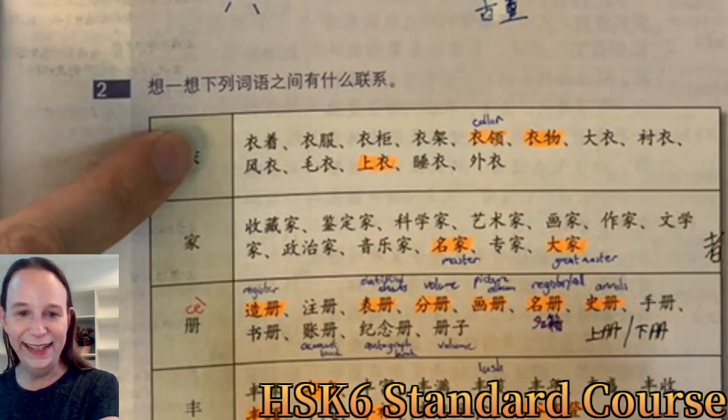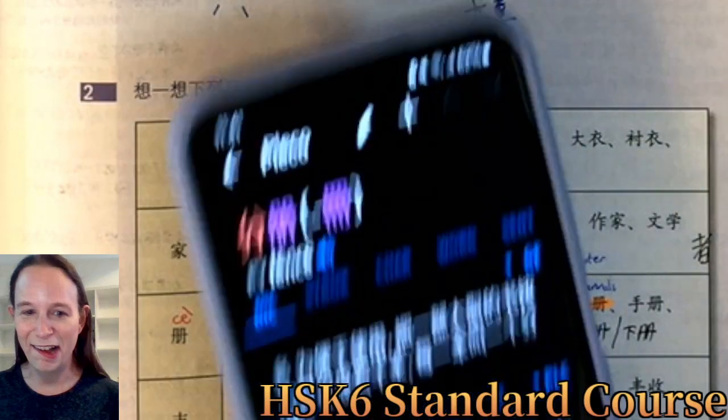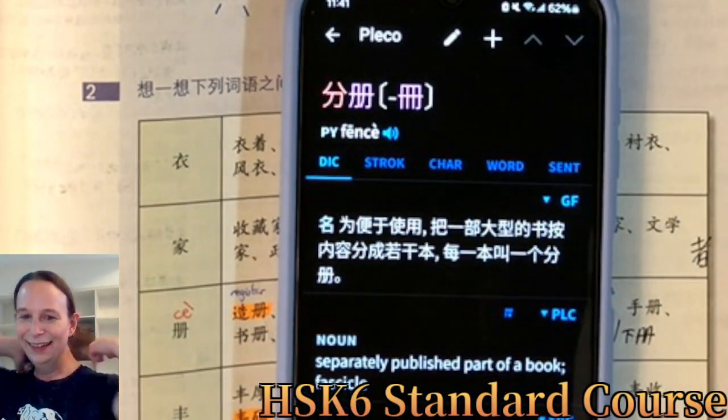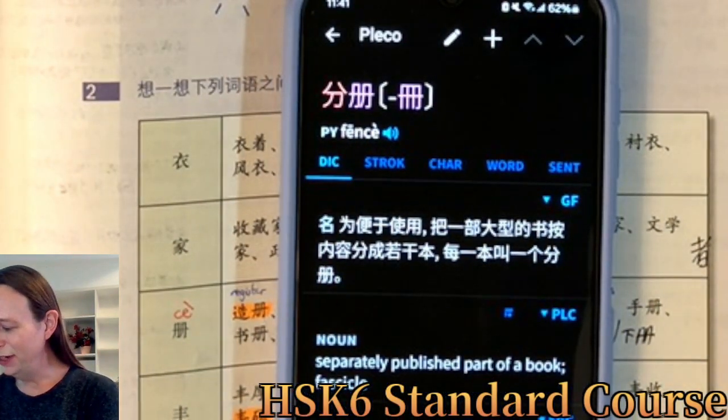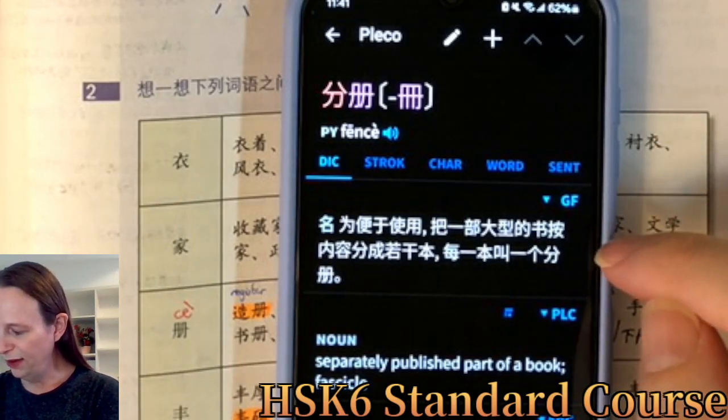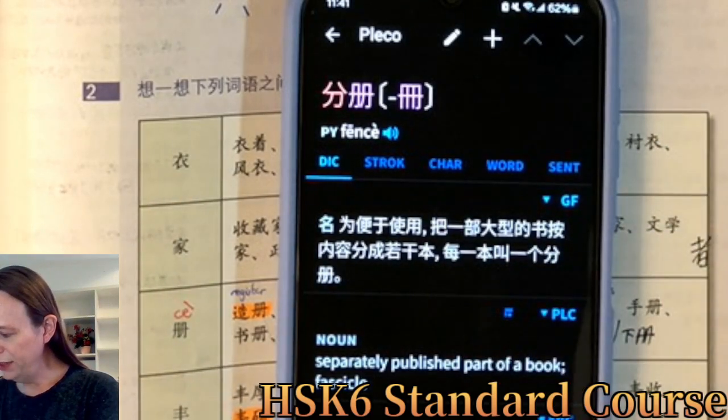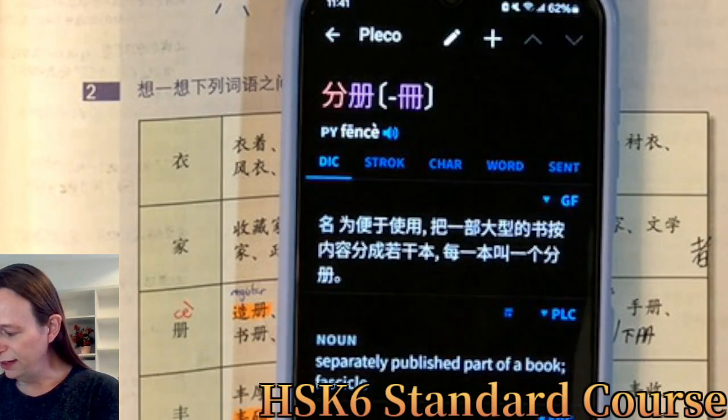It's like these easy, these hard. 为便于使用，把一部大型的书按内容分成若干本.